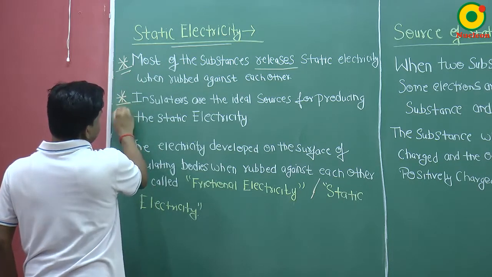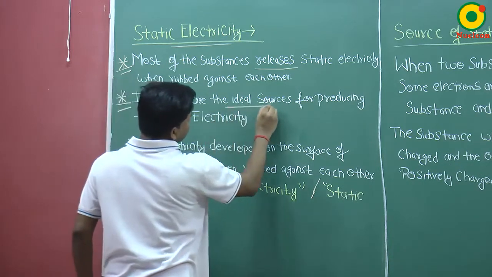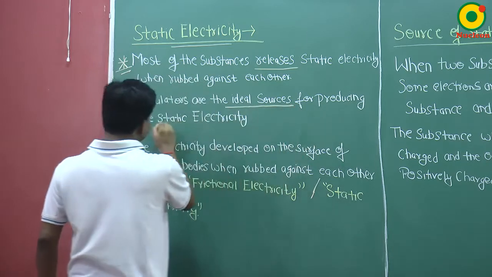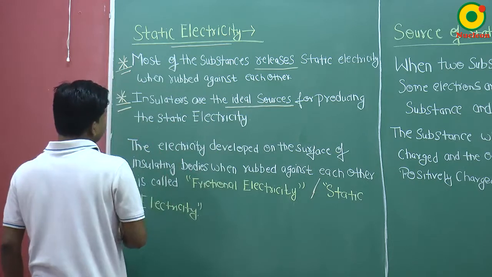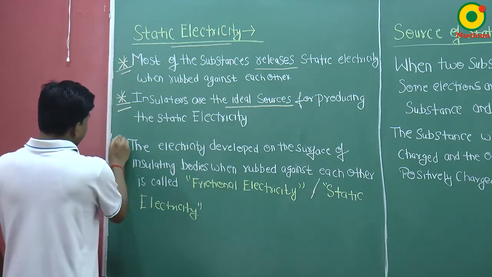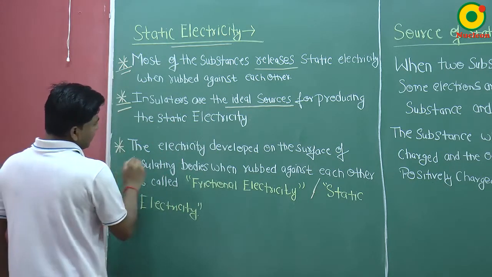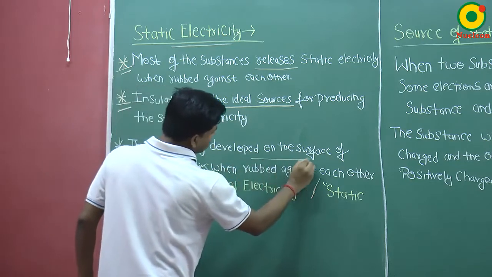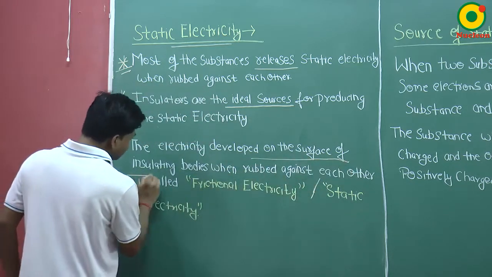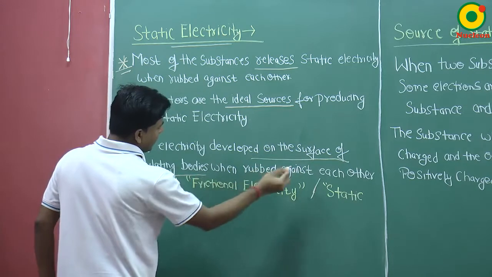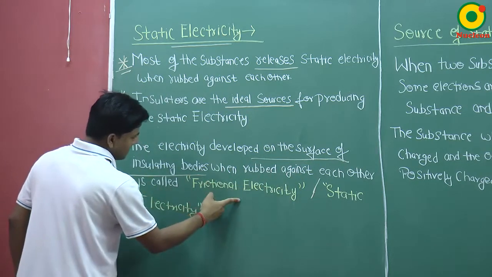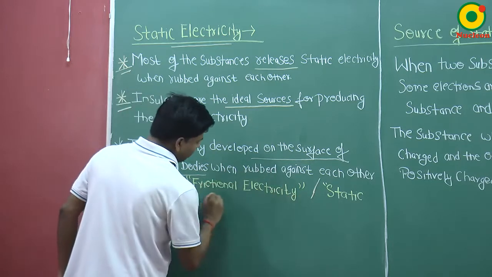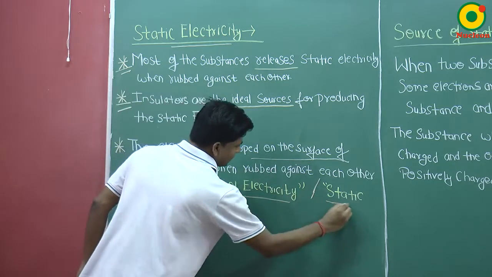Insulators are the ideal source for producing static electricity. We will study how they are the ideal source. The third point says the electricity developed on the surface of insulating bodies when they are rubbed against each other is known as frictional electricity or static electricity.